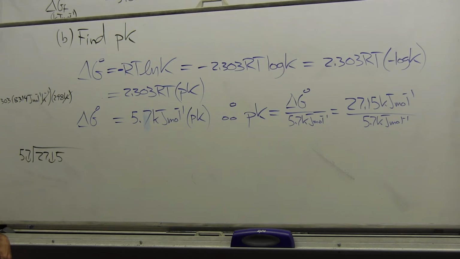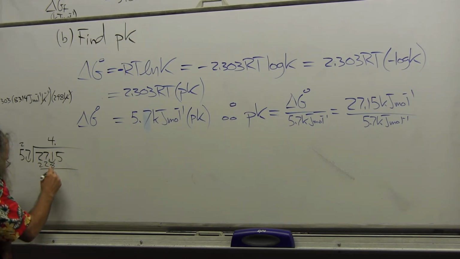Got to move the decimal point over, and now it's just straight up division. 57 goes into 271. We'll try 4, and I'll put the decimal point up there, and I multiply 4 times 7, which is 28. 4 times 5 is 20, so it's 22. Drop that down, and 11 minus 8 is 3. 6 minus 2 is 4 under 35. So I'm going to try a 7 here.